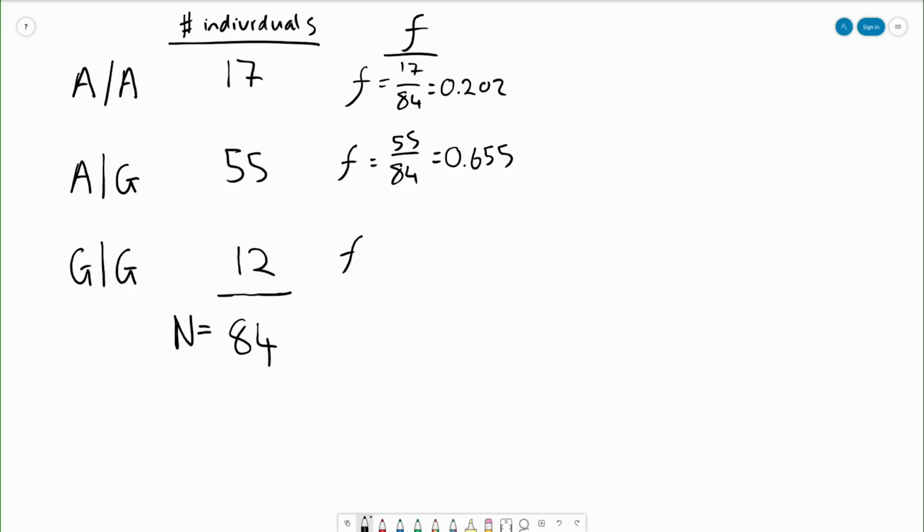And the frequency here is going to be 12 divided by 84, which is equal to 0.143. And whenever you're doing these sort of calculations, you always want to stick this in the calculator and make sure, of course, that the frequencies add up to 1 so that we know that everything is good.